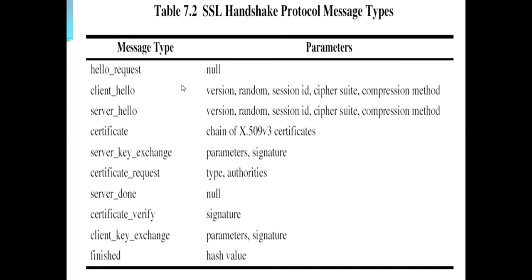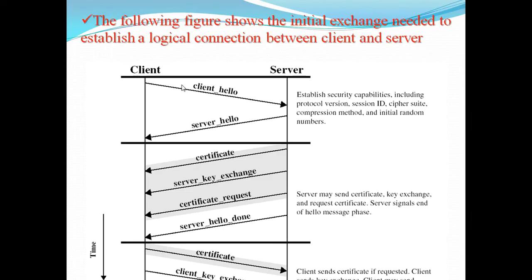So the client and server credentials are identified, that means authenticated to each other using this protocol. Then only the record protocol takes care of the data transfer. This happens initially.